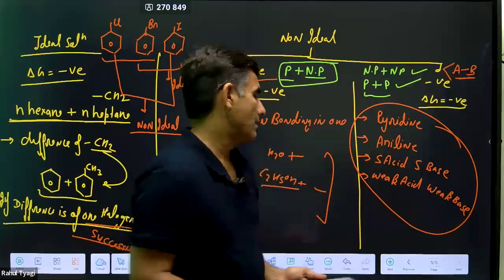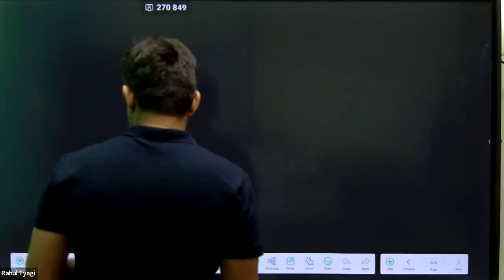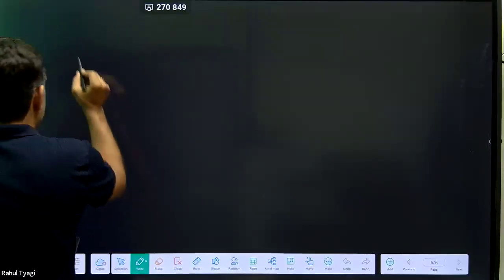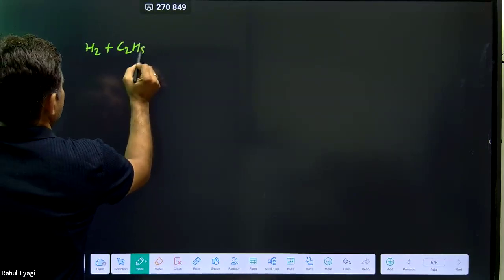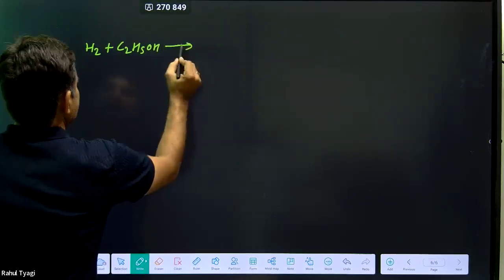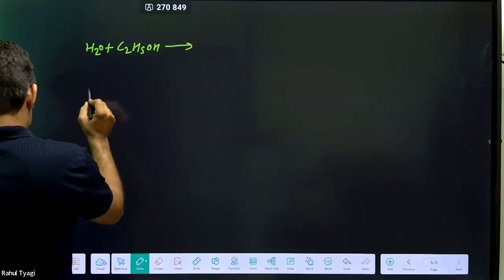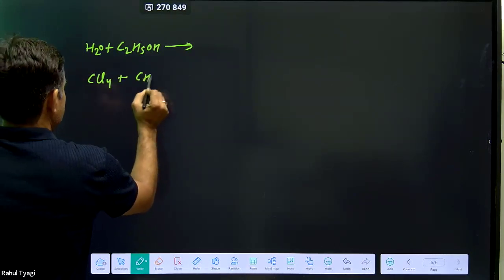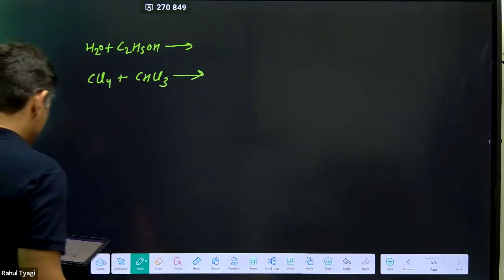Positive deviation or negative, show me. H2O plus C2H5OH, कौन सा डेविएशन शो करेगा? CCl4 प्लस CHCl3 कौन सा डेविएशन शो करेगा?